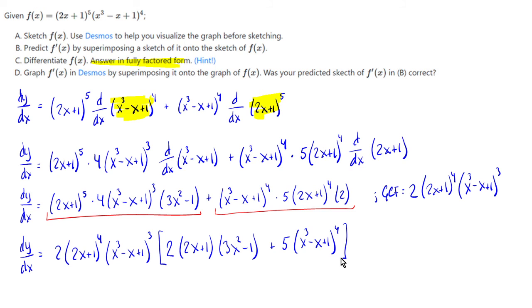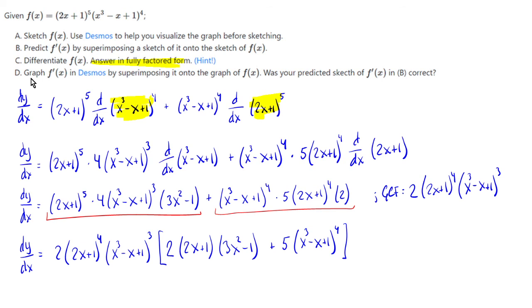Okay. Now we can leave it like this in factored form. We could also expand this expression that's in the brackets here, the remaining binomial in here, expand and combine like terms, but I'm going to leave it like this here. So that's C, differentiate f of x.